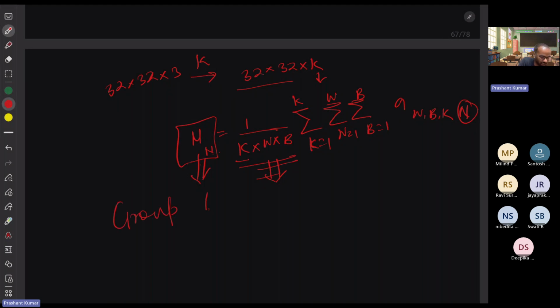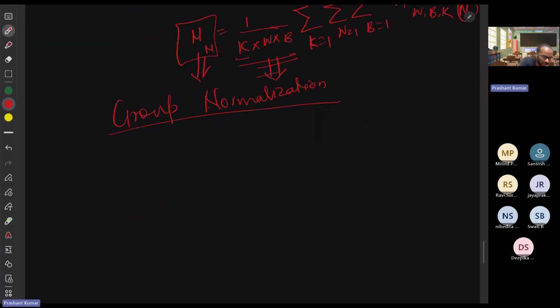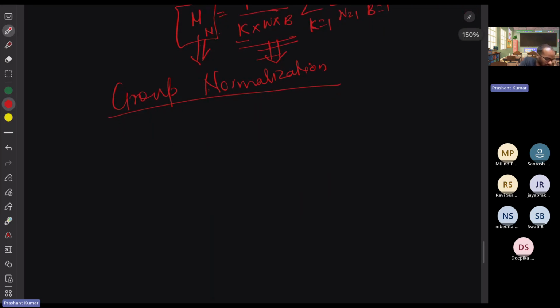How it is different is the point of discussion now. What happens when you do any kind of training, and let's say this is a graph, this is the epoch, and this is the loss, or you can call it error. Let's call it error for right now.